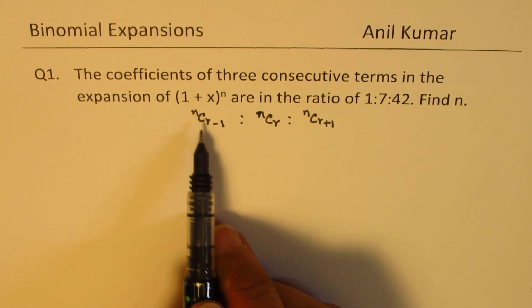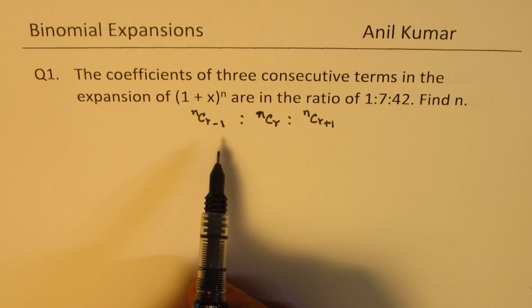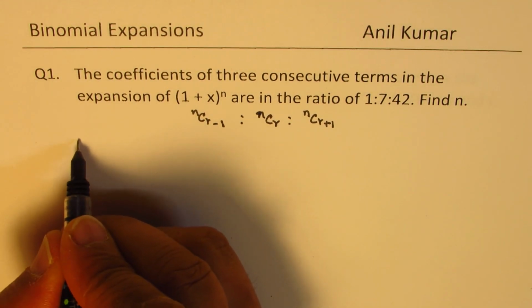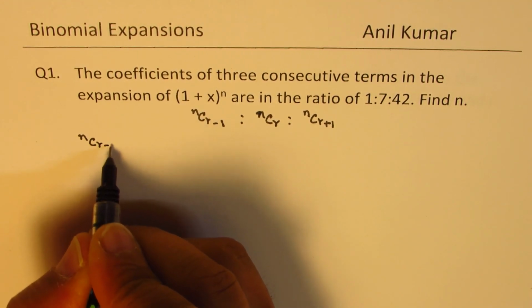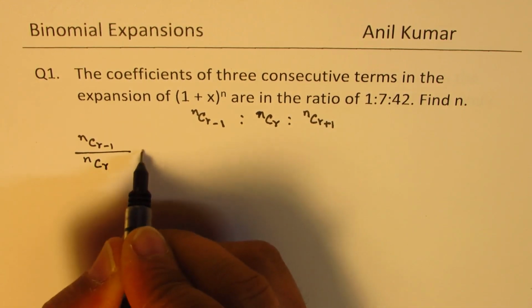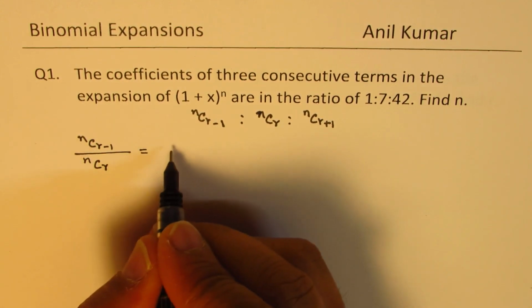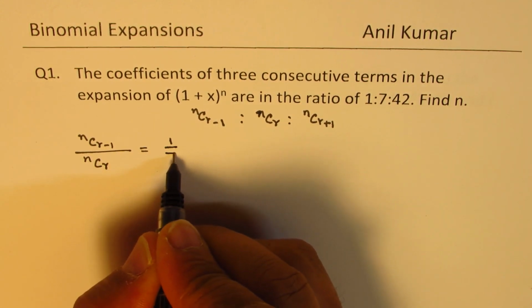Now we need to find n. We have 2 parameters to work with, n and r. We need 2 equations. So on one side we can have the ratio of nCr-1 over nCr, and this ratio is 1:7. That is to say, this is equal to 1/7, correct?